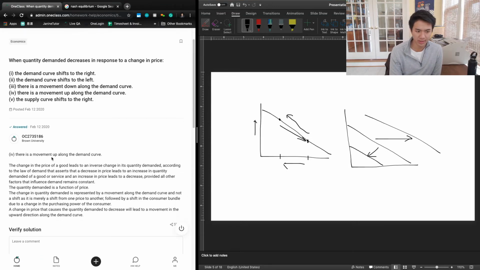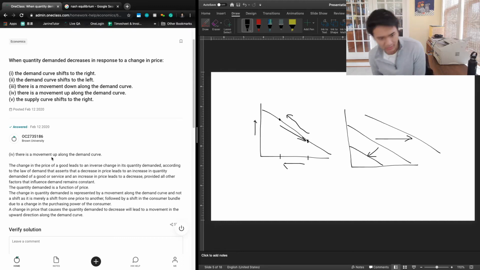So taking a look at the answer choices and the previous tutor's answer, they said 4 as well. There's a movement up along the demand curve, and they said a change in the price of a good leads to an inverse change in quantity demanded according to the law of demand, which asserts that a decrease in price leads to an increase in quantity demanded of a good or service, and an increase in price leads to a decrease, provided all other factors that influence demand remain constant.